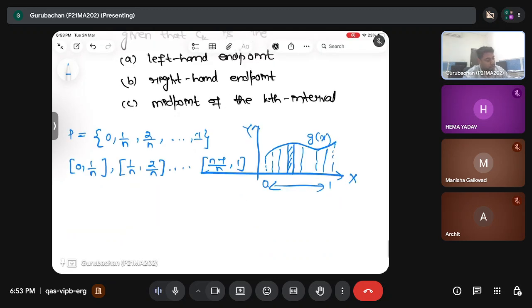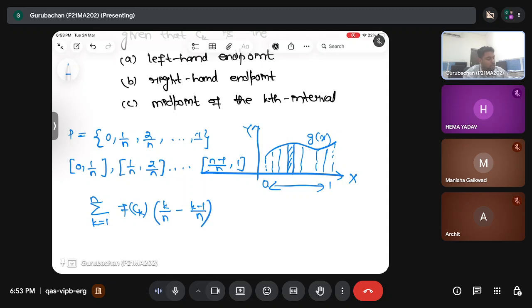Okay, and what is the Riemann sum with respect to this one? The Riemann sum will be summation k from 1 to n of f of some ck times k by n minus k minus 1 by n.